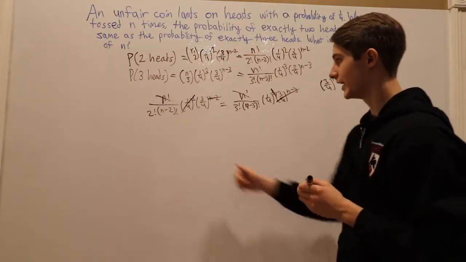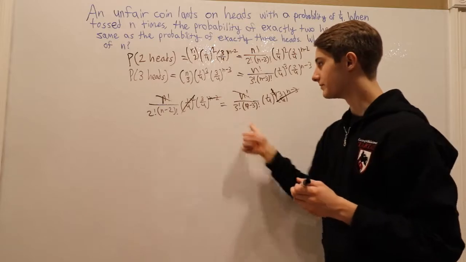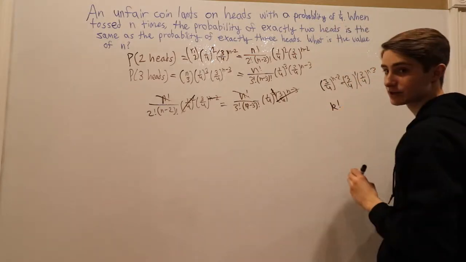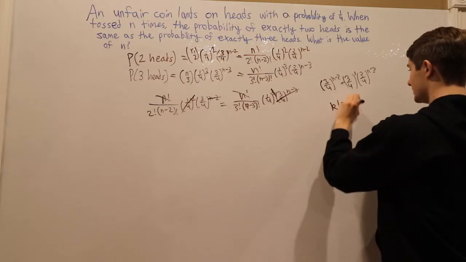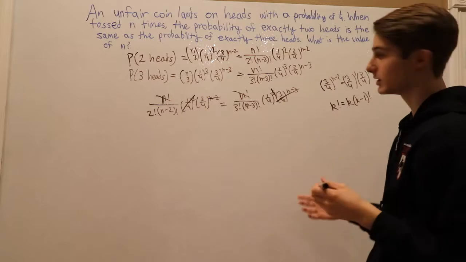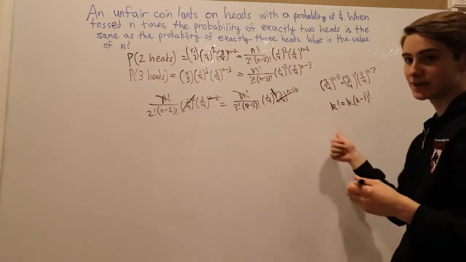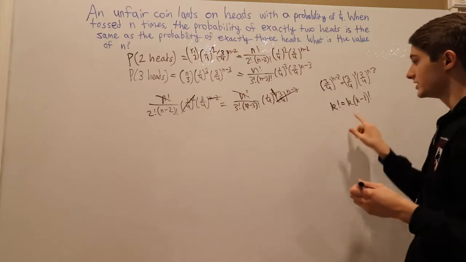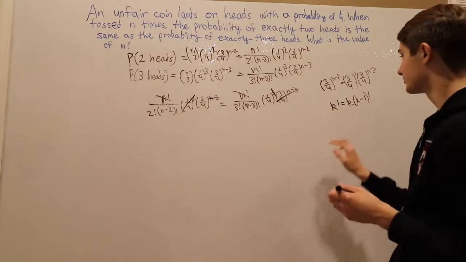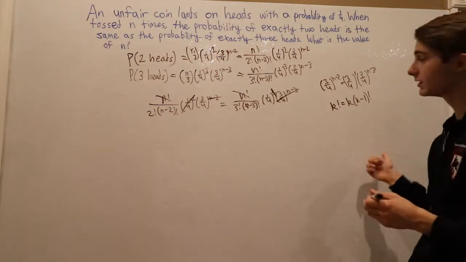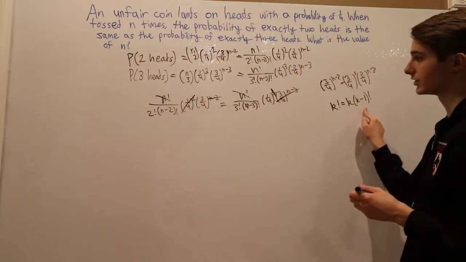Now we have to look at the factors on the bottom. To do that, we can use the fact that k factorial is equal to k times k minus 1 factorial. If you think about multiplying k times k minus 1 times k minus 2 all the way down to 1, and we take out the first k, what we're left with is k minus 1 times k minus 2 times k minus 3 and so on down to 1, which is just k minus 1 factorial.